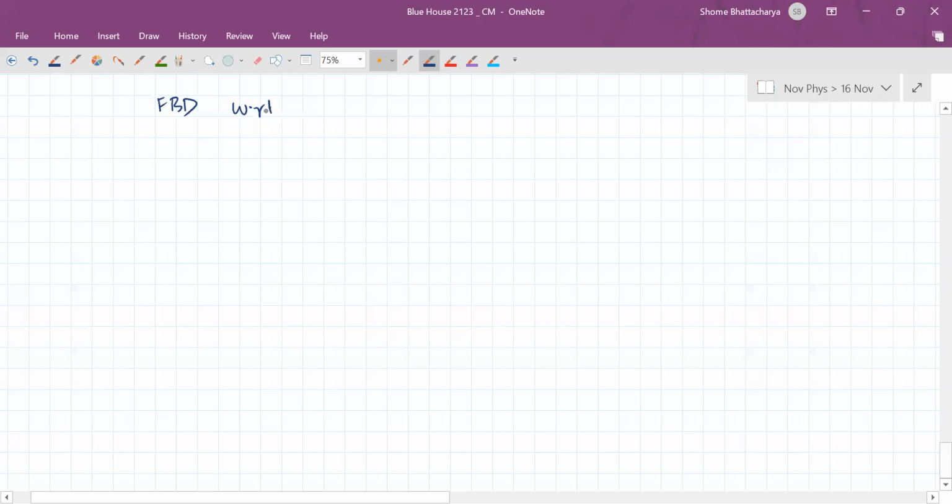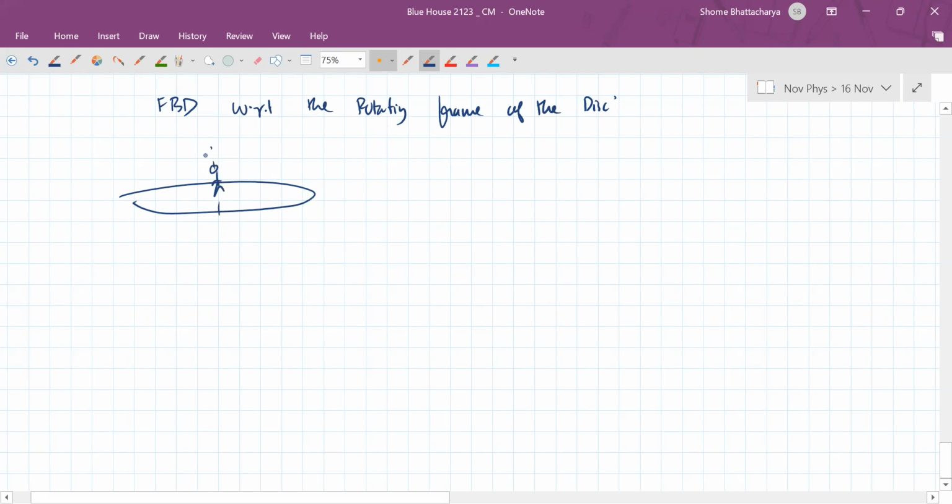So now when we make the free body diagram with respect to the rotating frame of the disk, imagine we are on that disk which is rotating at omega. With respect to us, we see the particle is at rest in this frame.